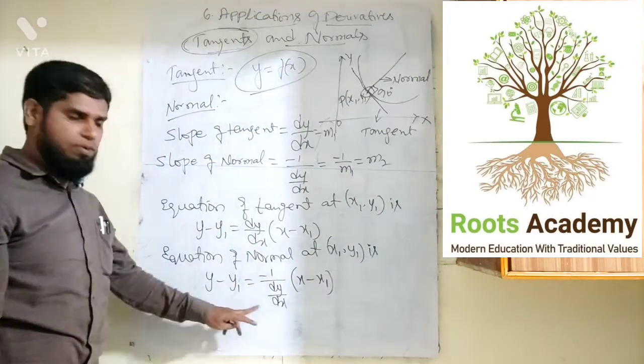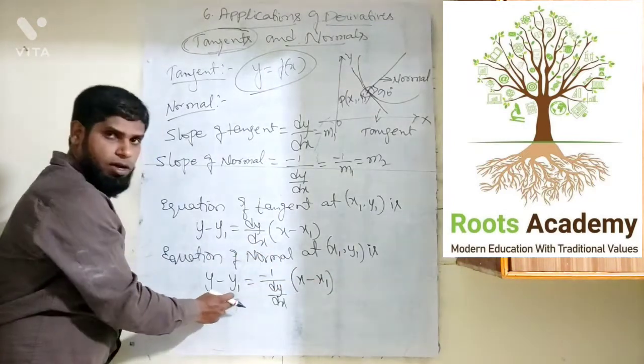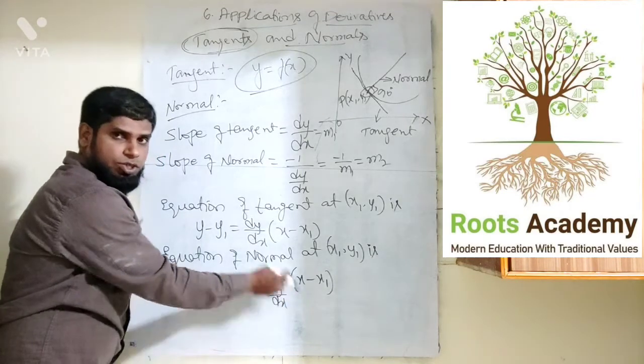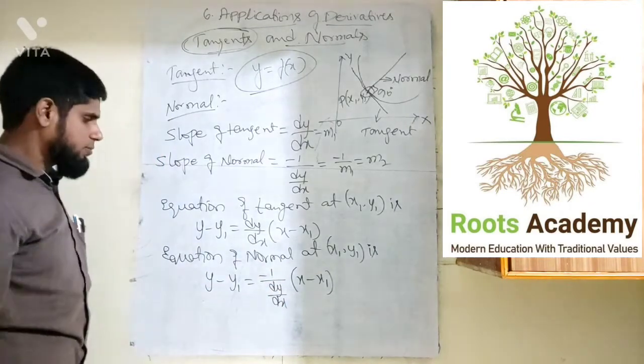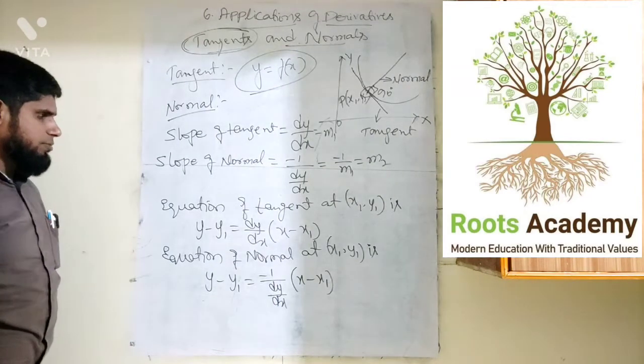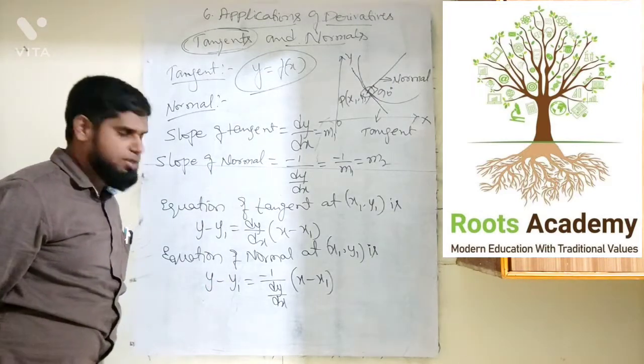This is the equation of normal and the earlier one is the equation of tangent. Here x1, y1 is the point, and minus 1 divided by dy by dx is the slope of the normal. So these are the very basic concepts of tangent and normals.